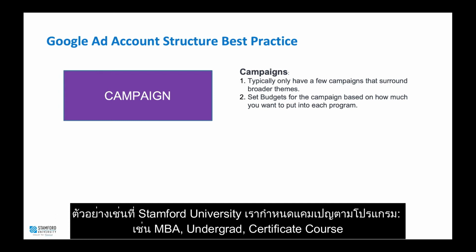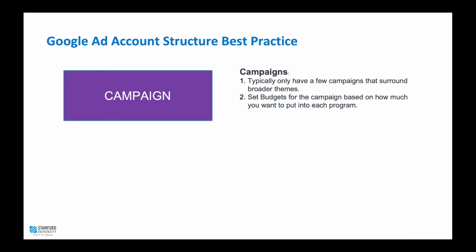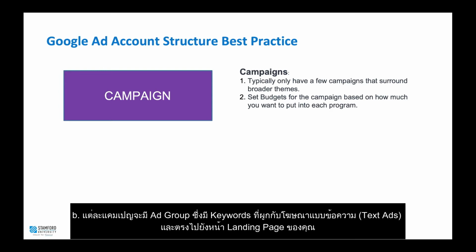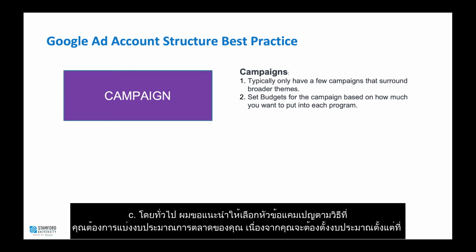So for example, MBA, undergrad, certificate course. Each campaign will contain ad groups, which contain keywords that tie to the text ads and direct to a specific landing page. Typically, I recommend deciding on campaign topics based on how you want to divide up your marketing budget, since you set your budget at the campaign level.